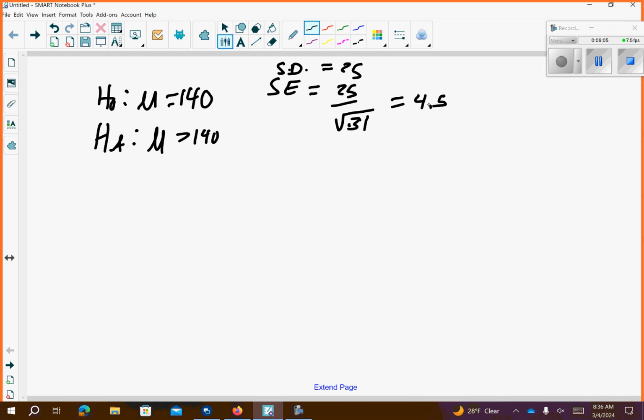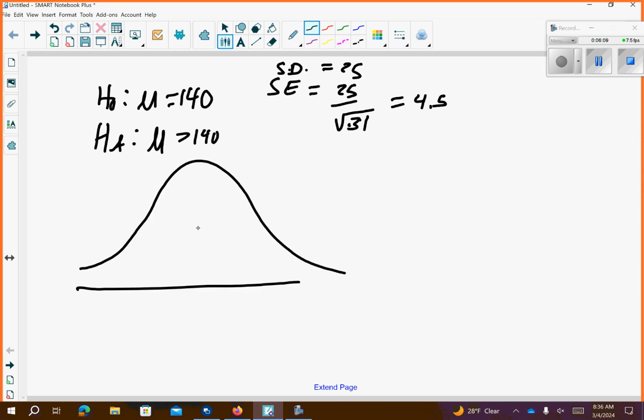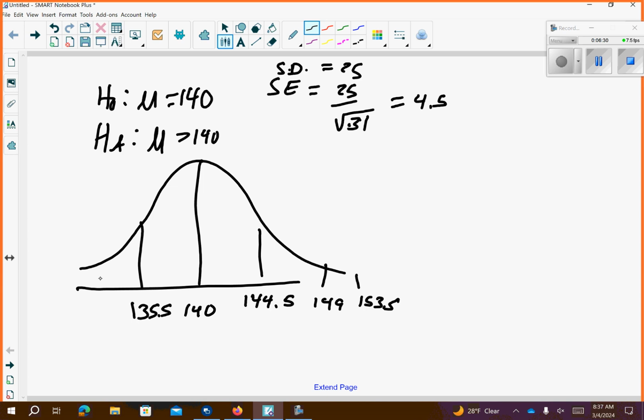All right. So the normal curve is going to look like this. We know that 140 should be here, and then we count right: 144.5, 149, 153. And left: 135.5, 131, and 126.5.